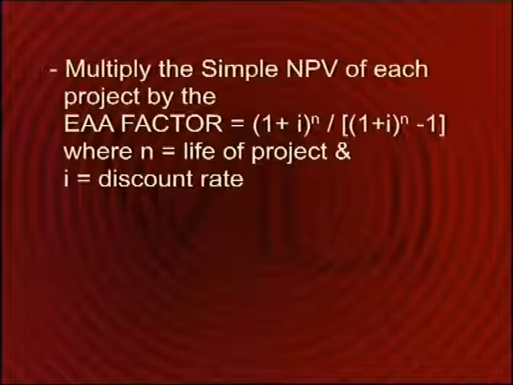This is equal to (1 plus I) raised to the power n, all divided by (1 plus I) raised to the power n minus 1. Now, in this formula, I represents the required rate of return and n represents the actual life of the project.